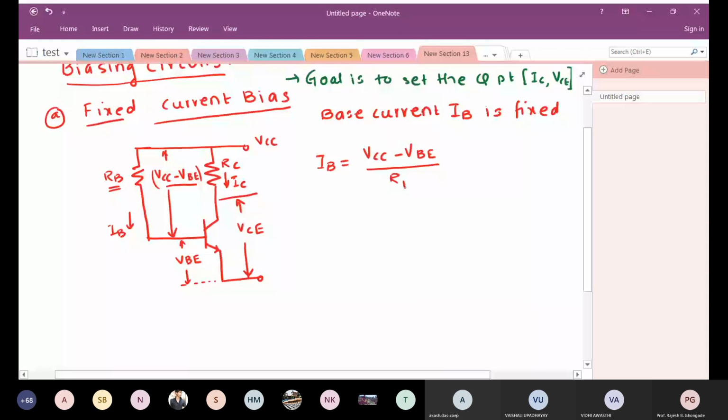Now, since VCC, VBE and RB are constants, agreed? So I can say that IB also remains constant.